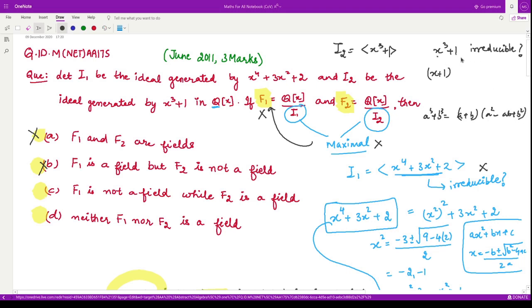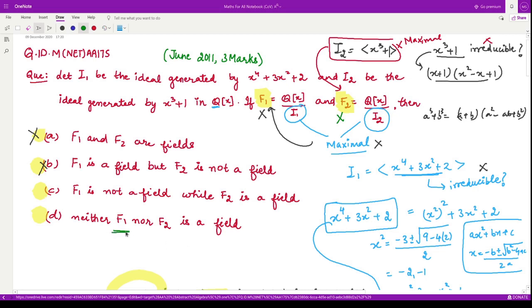So we can factor this polynomial as x plus 1 times x squared minus x plus 1. Obviously this is a reducible polynomial, hence the ideal generated by it is not maximal, and hence the corresponding F2 is also not a field.